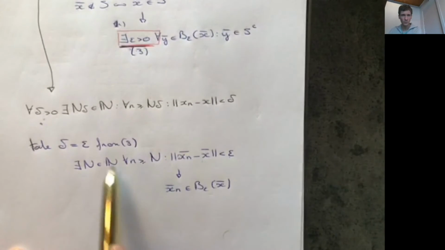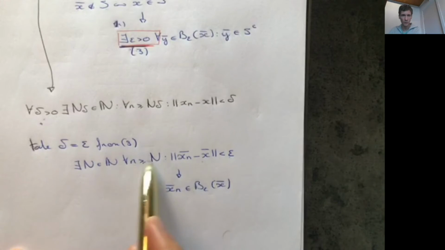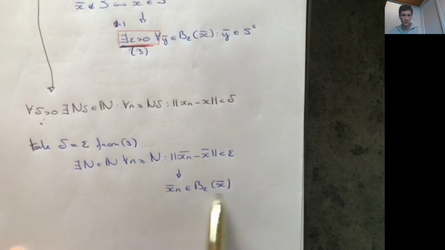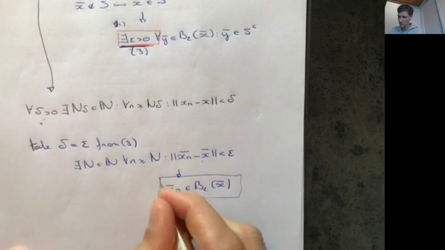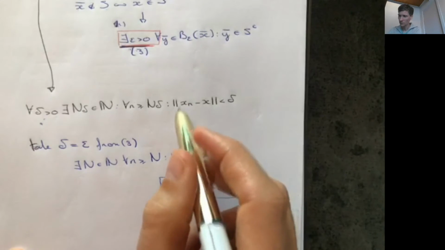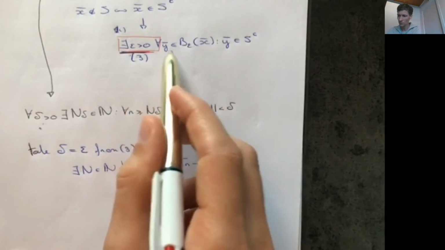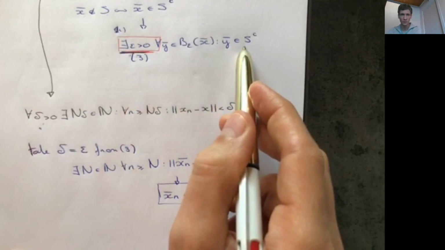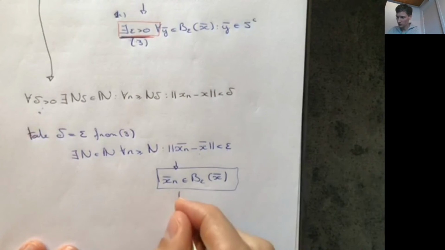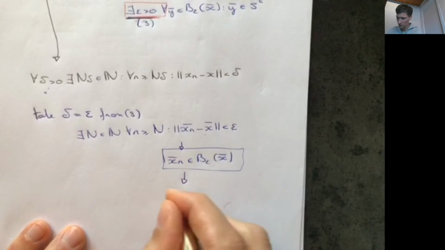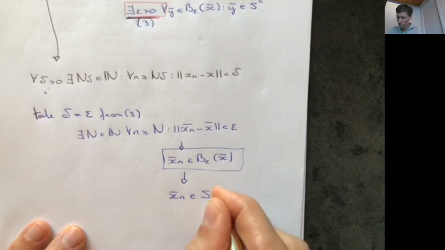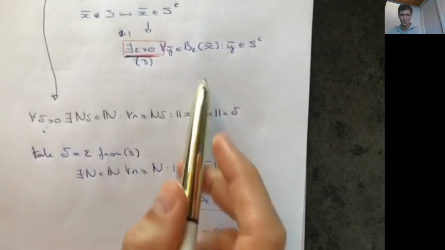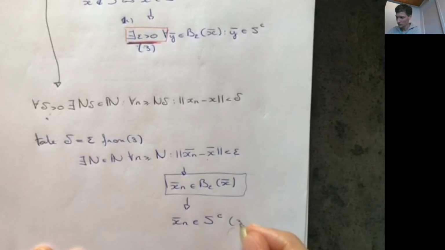So we know that for all n greater or equal to this big N, xn is in the ball of radius epsilon around x. Here we have that all elements in this ball of radius epsilon around x have to be in the complement. So from this it follows that xn is in the complement of S, from 3.